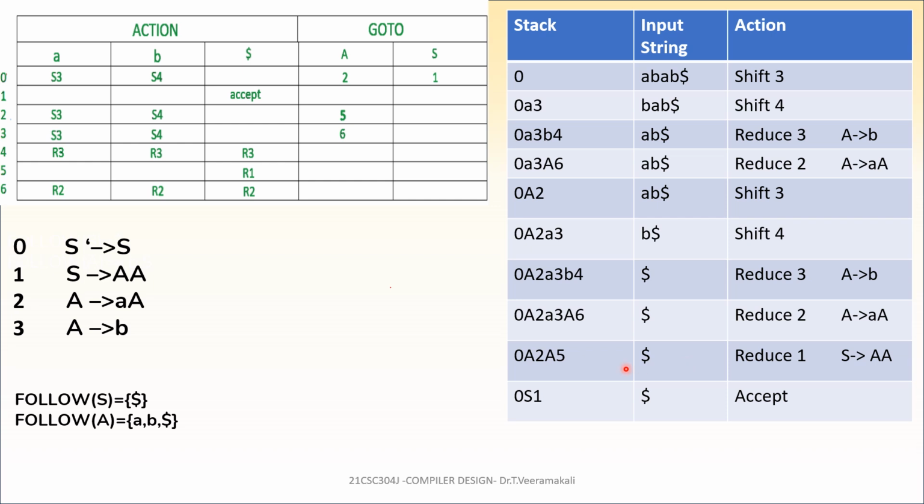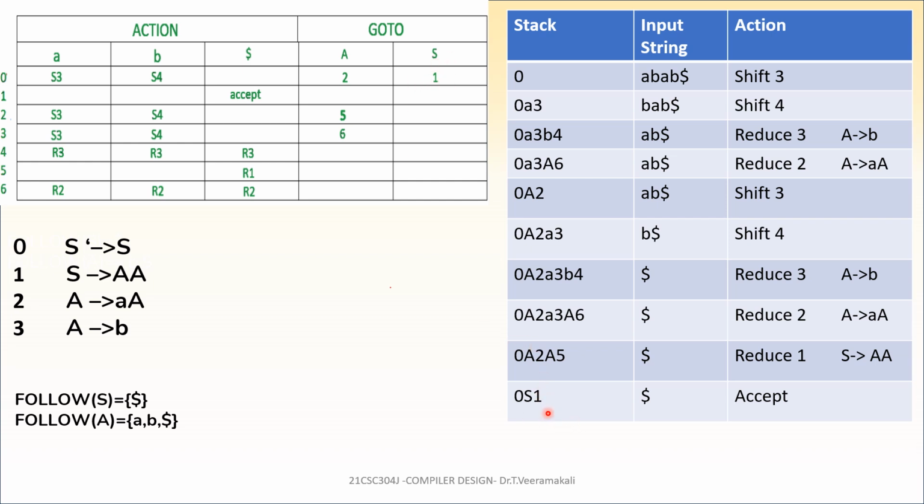Okay, so 5 and dollar, what is it? 5 and dollar is reduce 1. Reduce 1 means S tends to AA. So that is going to be replaced. Since it has two elements, four elements from the stack will be replaced. So this 5A, 2A will be replaced with S. So you have 0 S. 0 S is what? 1. So add 1.